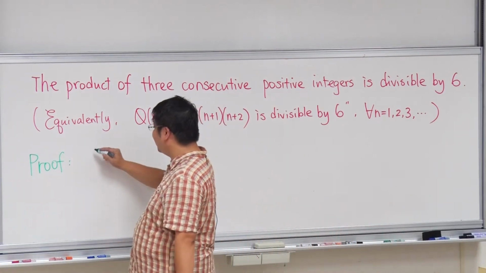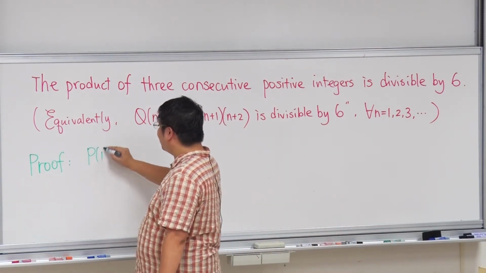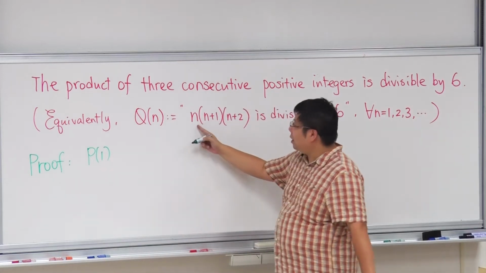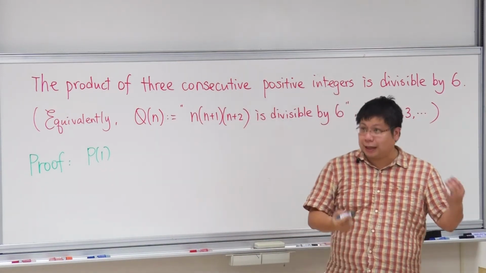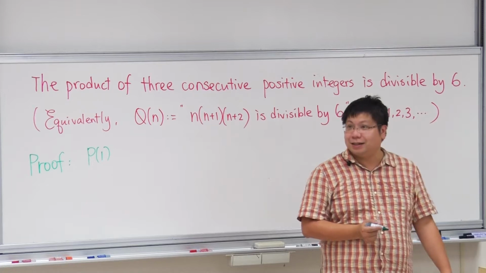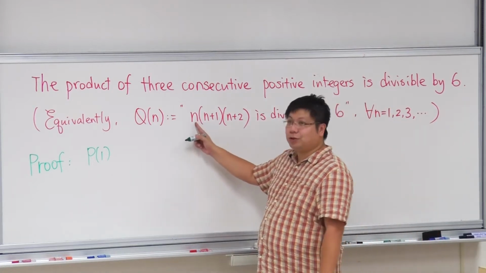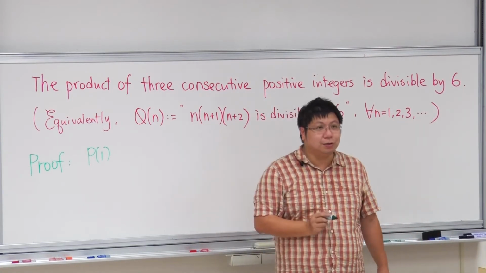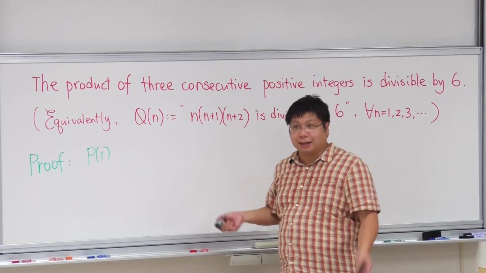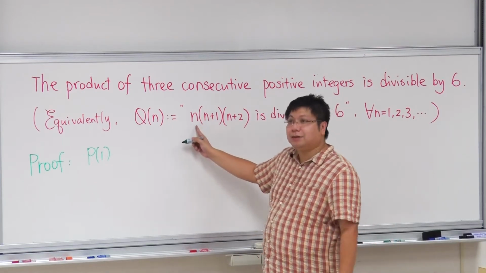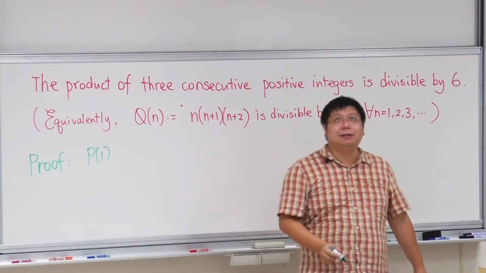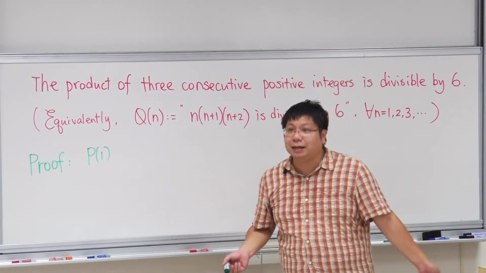So what is P1? When n is equal to 1, we are looking at 1 times 2 times 3, which is 6, divisible by 6. If n is equal to 2, 2 times 3 times 4 is equal to 24, divisible by 6. And n is equal to 3, 3 times 4 times 5 is equal to 60, divisible by 6.